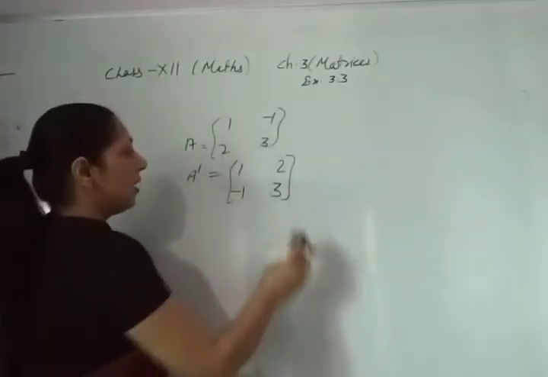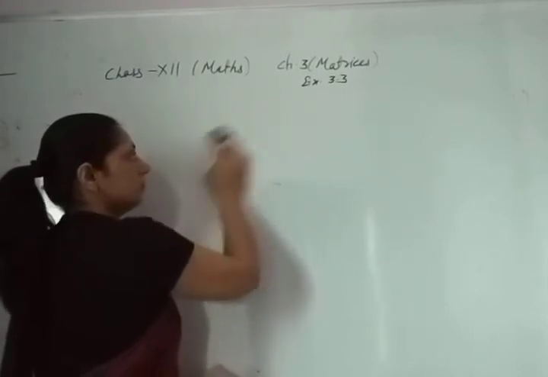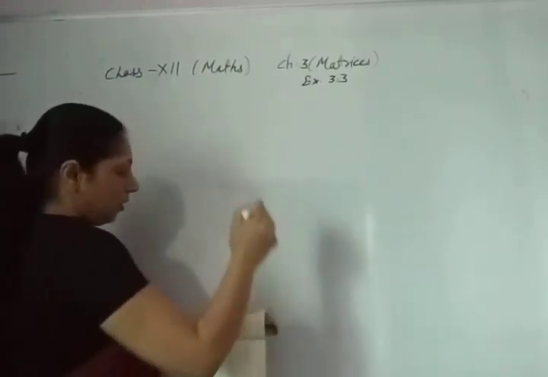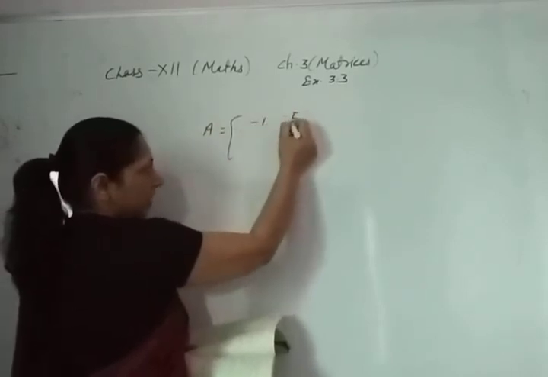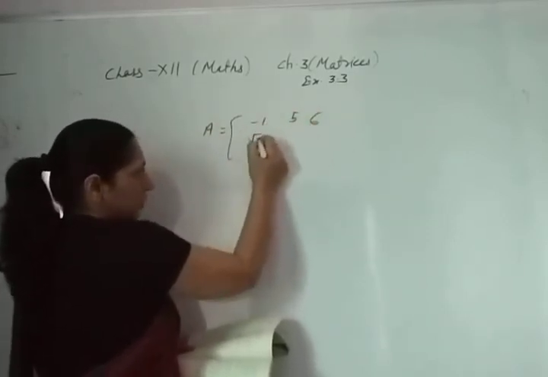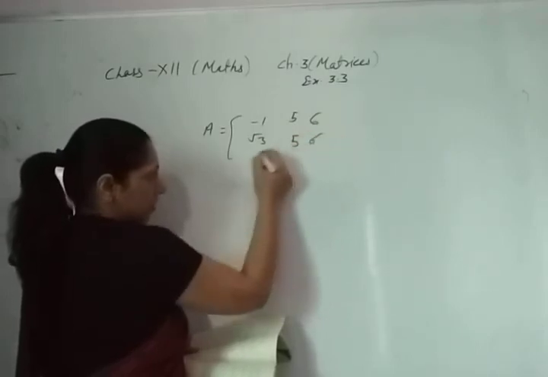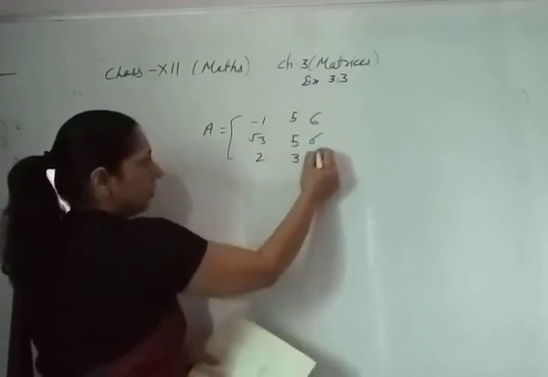Now the third part is, suppose A is equal to minus 1, 5, 6, root 3, 5, 6, 2, 3, minus 1.